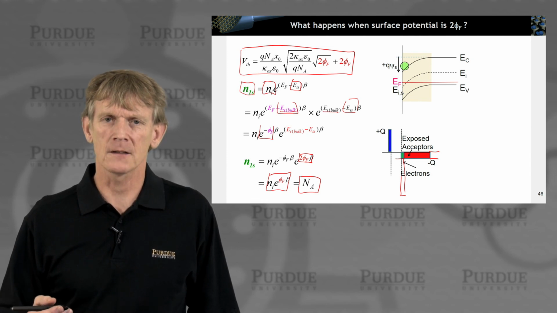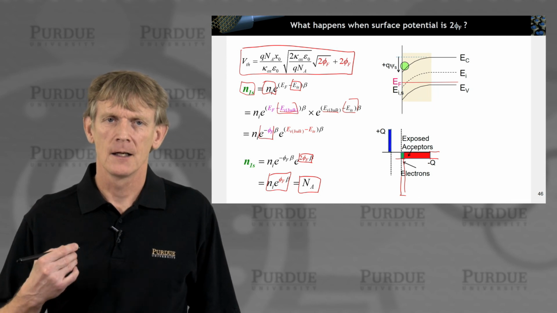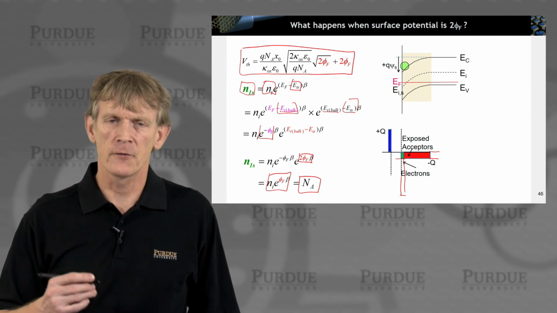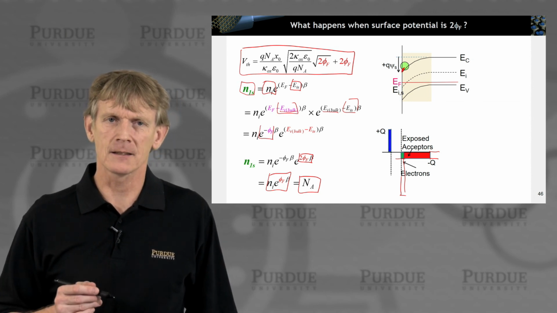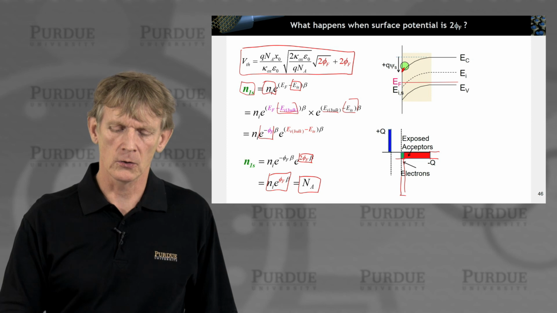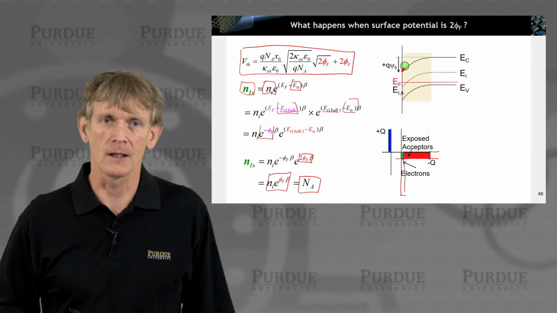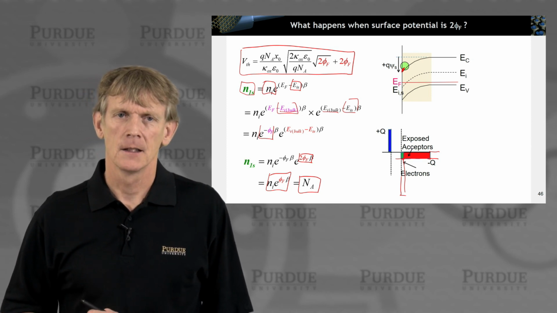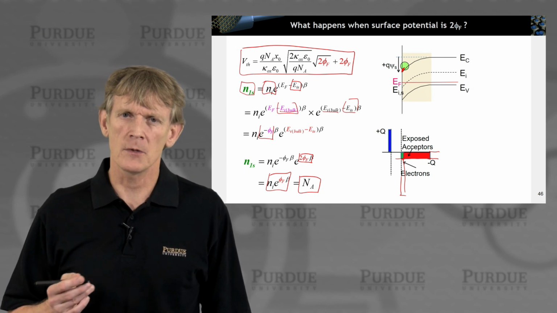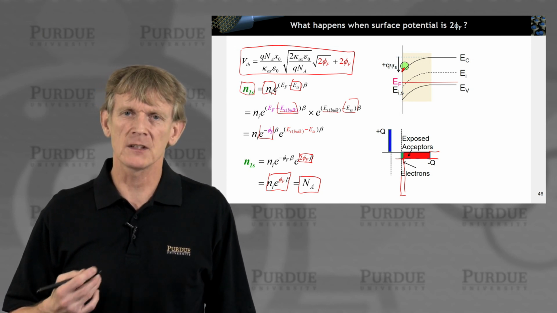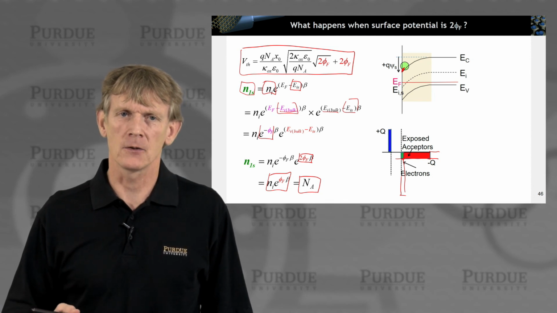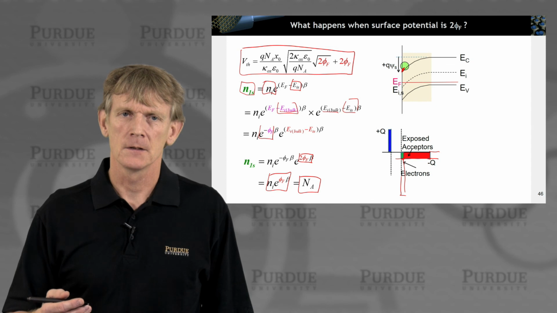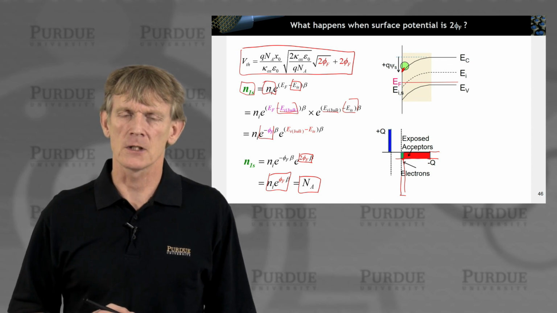So that's the point at threshold where the number of inverted electrons that are sitting up here is becoming identical in amplitude locally to the acceptor level. That means threshold. What does that mean intuitively? This is when we're starting to build a significant amount of electrons in the inversion layer.